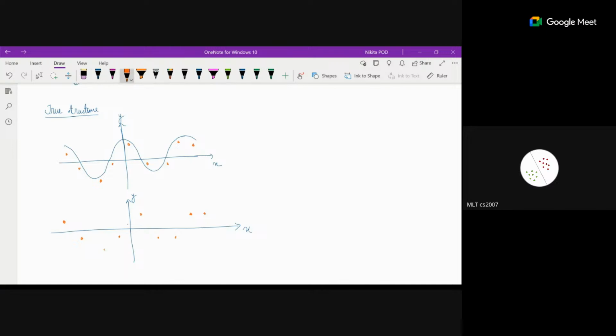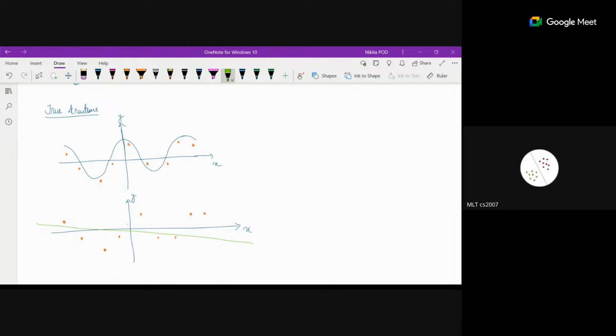This point will be here. So maybe someone can fit a line like this. Maybe this is the line. Okay. So this is a very simple model that one can fit, looking at this data set.